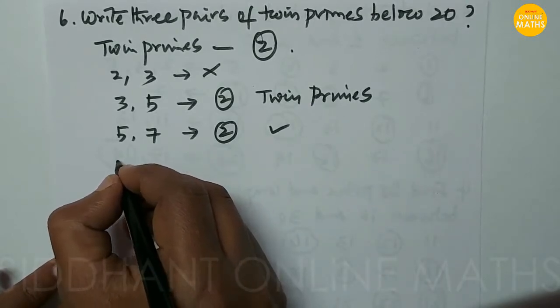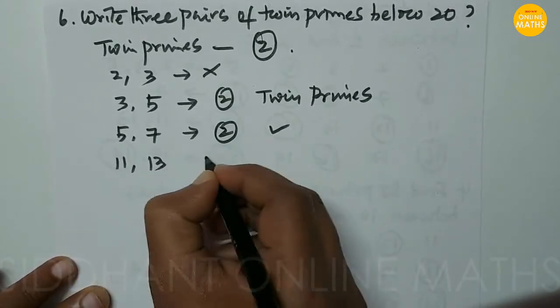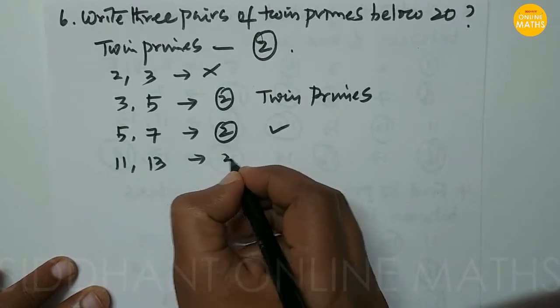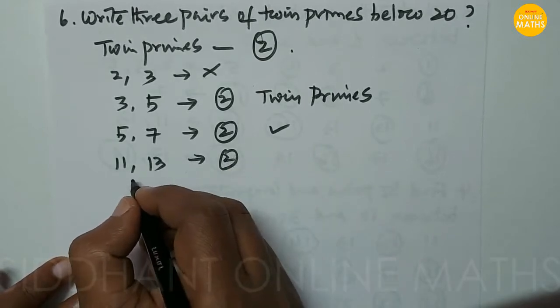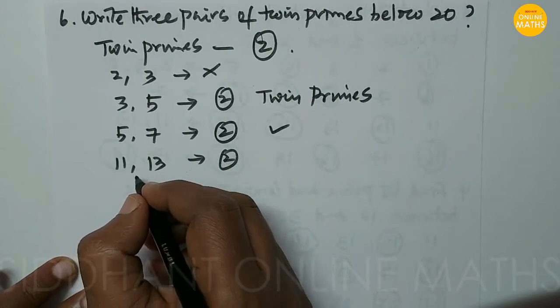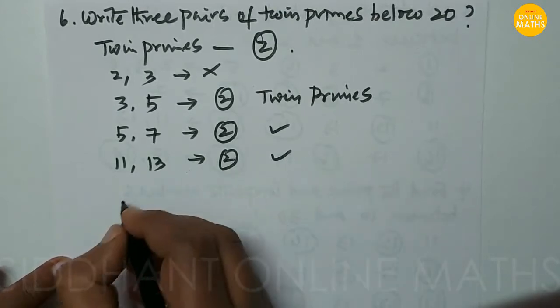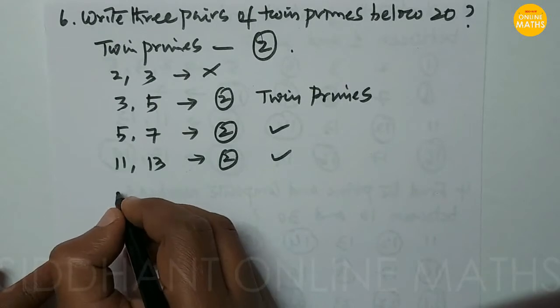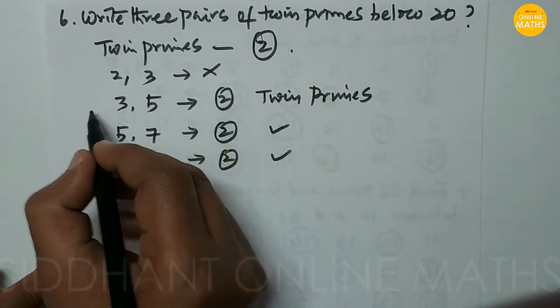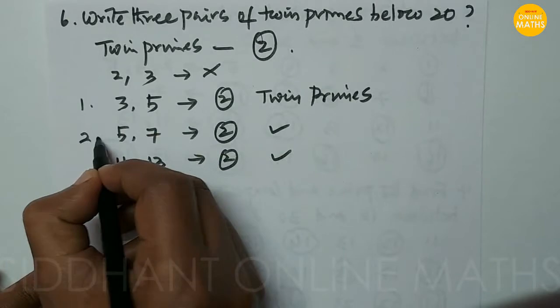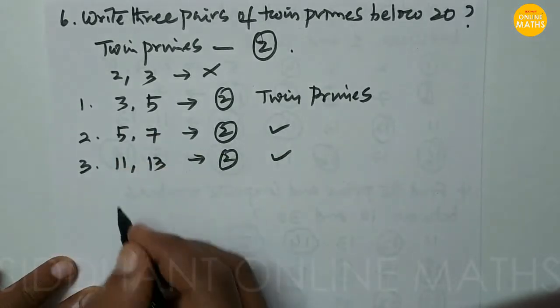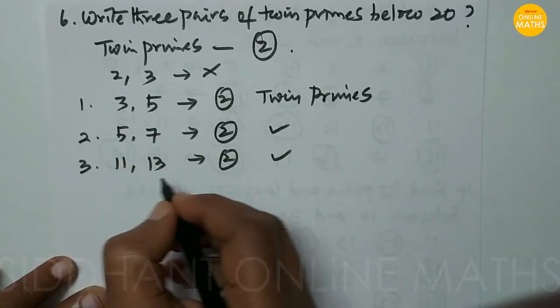In the same way, take 11 and 13. The difference between 11 and 13 is 2, so we can say that 13 and 11 are twin primes. They asked for three pairs, so we got the first pair, second pair, and third pair. And you can continue up to 20.